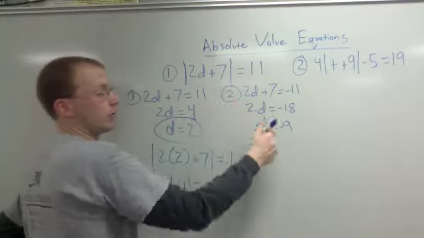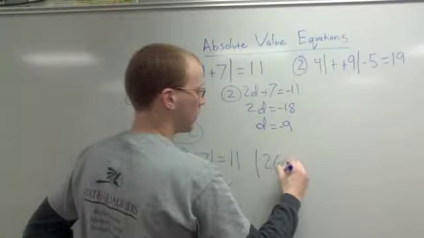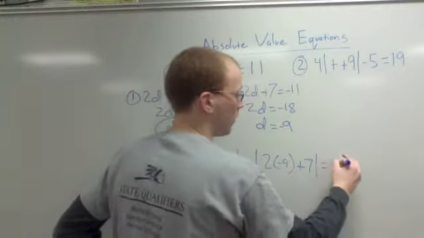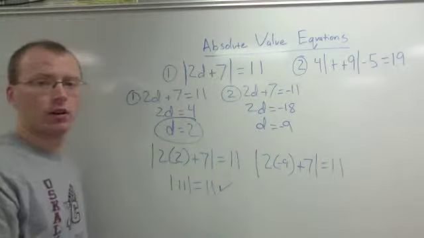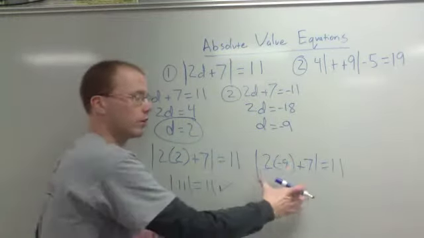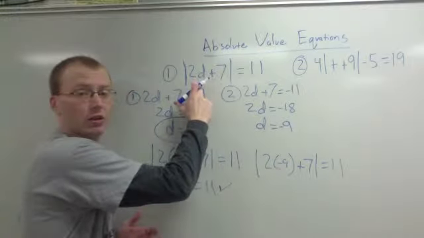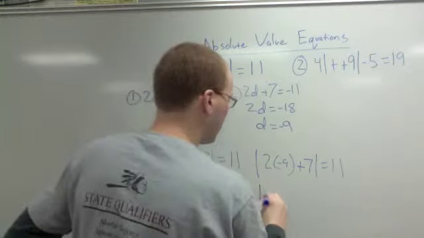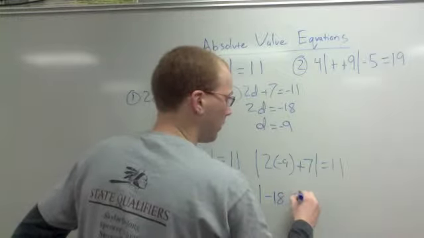So now we have 2 times negative 9 plus 7 equals 11. And again, when you're plugging these in to check, you go to the original equation with the absolute value bars. 2 times negative 9 is negative 18.